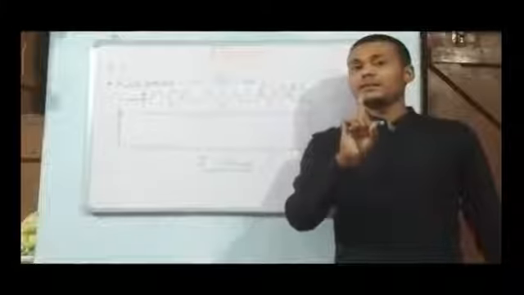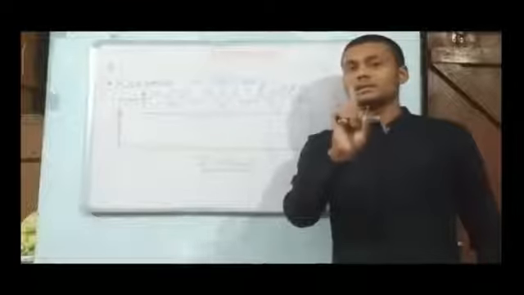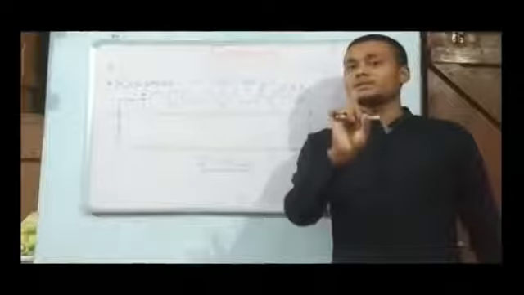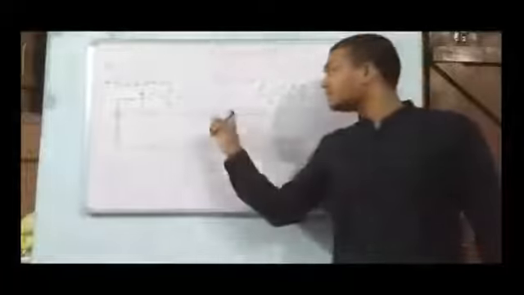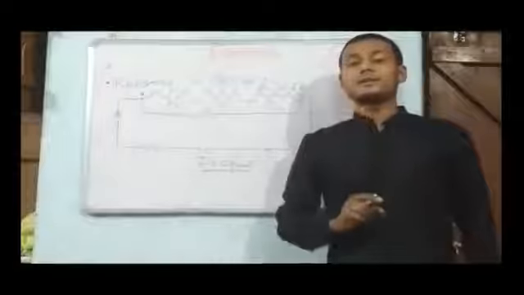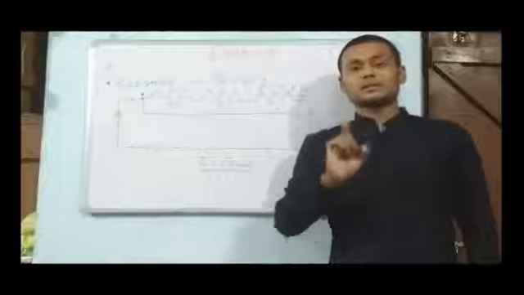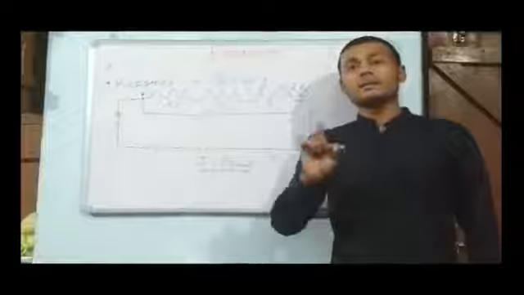We have to remember this first thing: the current in series combination always remains equal, meaning the current through each resistor is equal. The potential difference varies across R1, R2 and R3. So in series combination the current is equal and the potential difference is different.